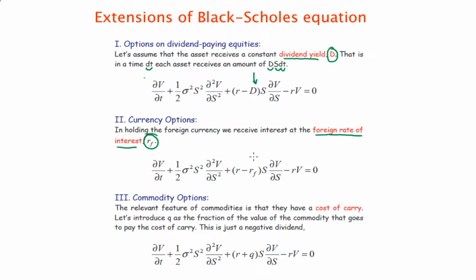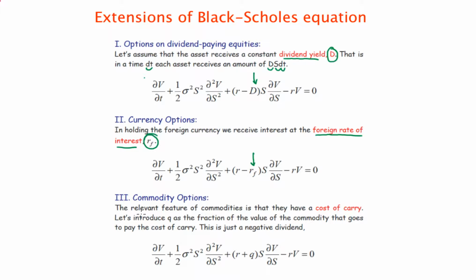And we have to include that parameter, which is something similar to the dividend yield here, to solve in the extended Black-Scholes equation corresponding to currency options.